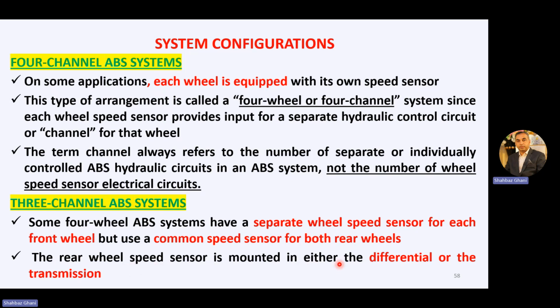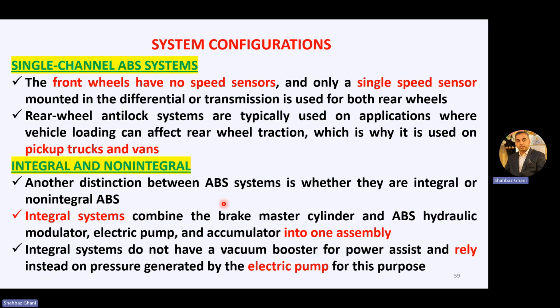So both rear wheels have a single, the same speed sensor that is mounted in either the differential or the transmission, but both front wheels have their separate speed sensors. That is the 3-channel ABS system.